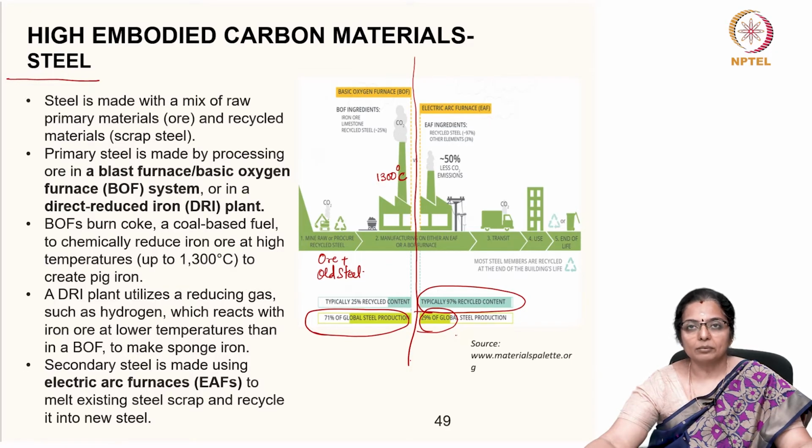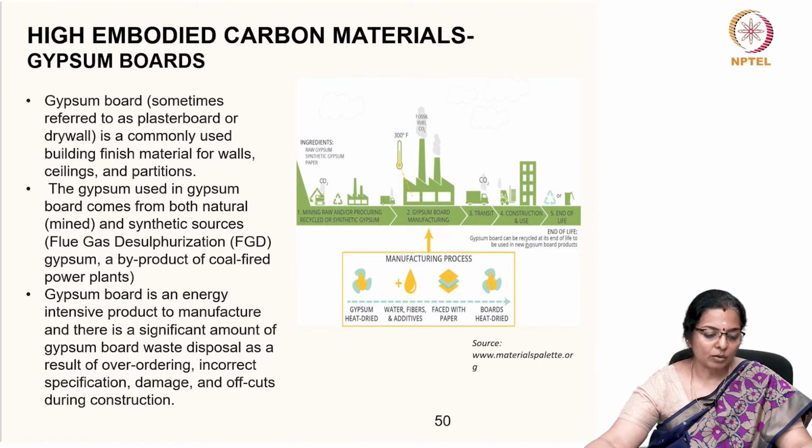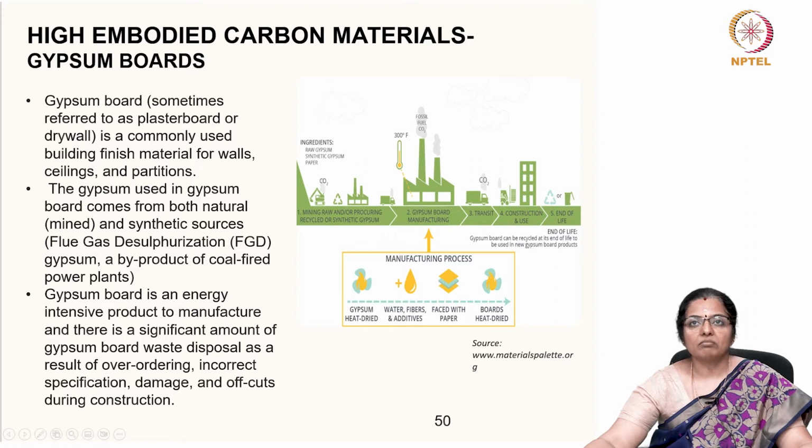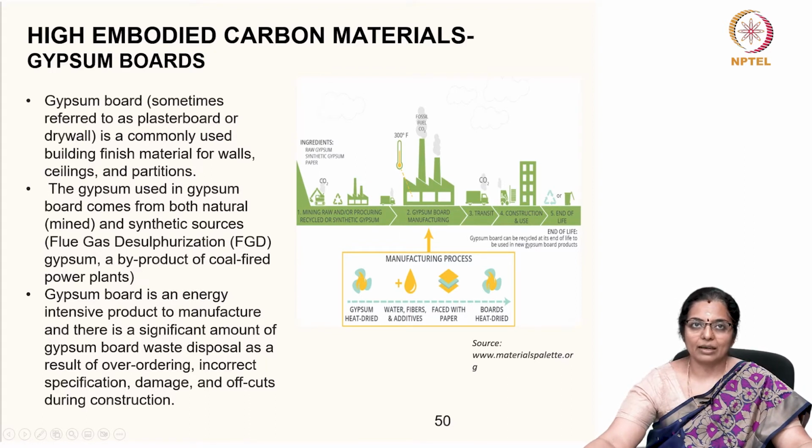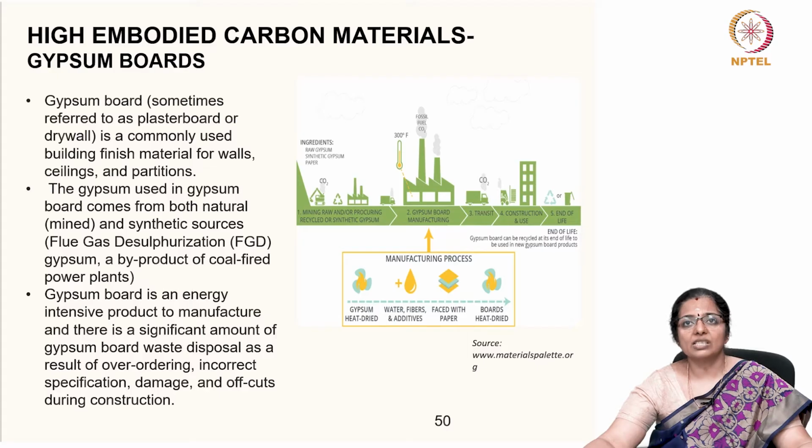The third building material we see is gypsum boards. Now, gypsum board is sometimes referred to as plasterboard or drywall. It is a commonly used building finish material for walls, ceilings and partitions.